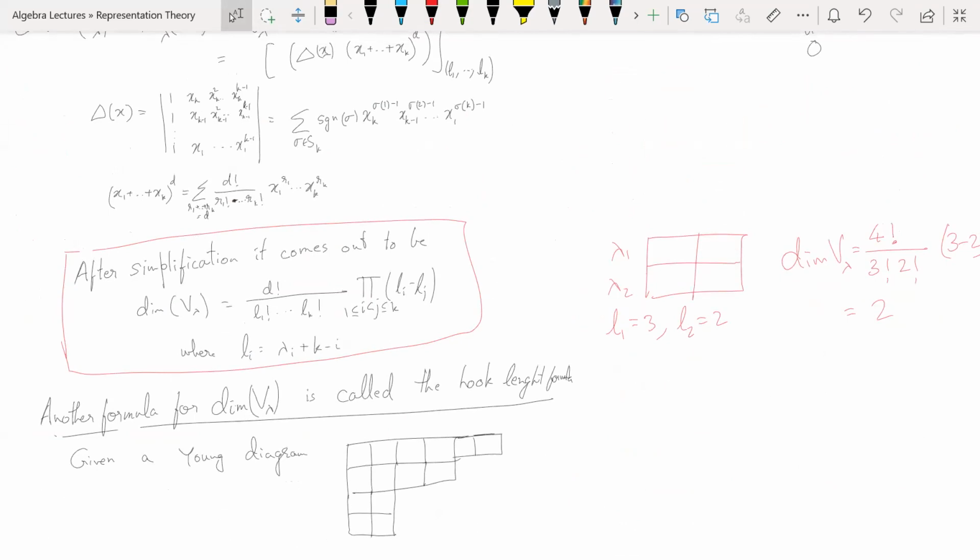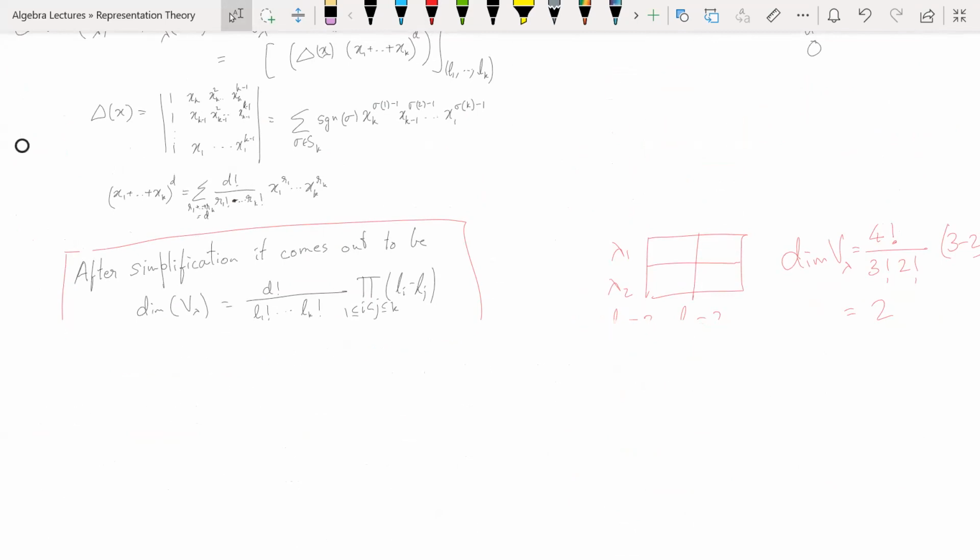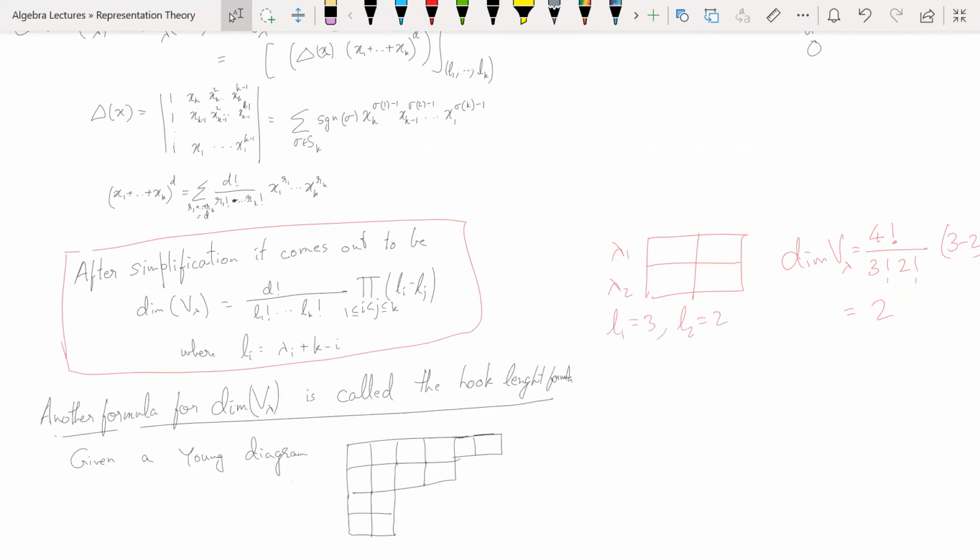This looks like a complicated formula, right? But there is something called the hook length formula, which looks simpler, and you can deduce it from this. It looks complicated because of the way things are defined, the Li's are written in terms of lambda i plus k minus i and so on.